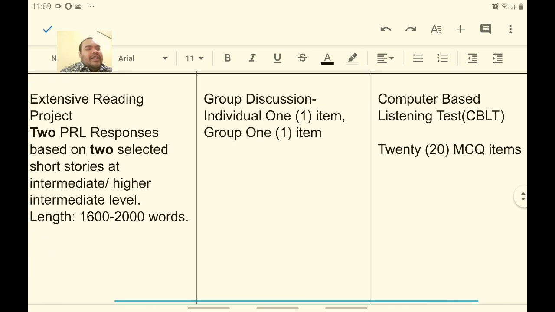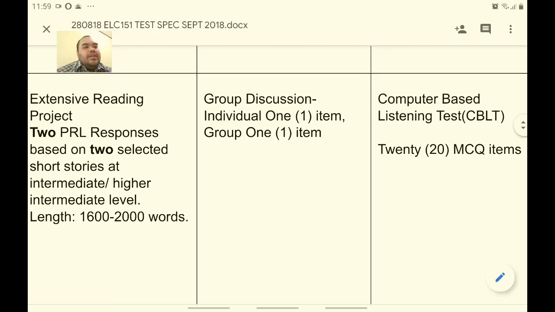Okay, so as I mentioned just now, you have two items. You have the individual presentation. This is where you explain your ideas.